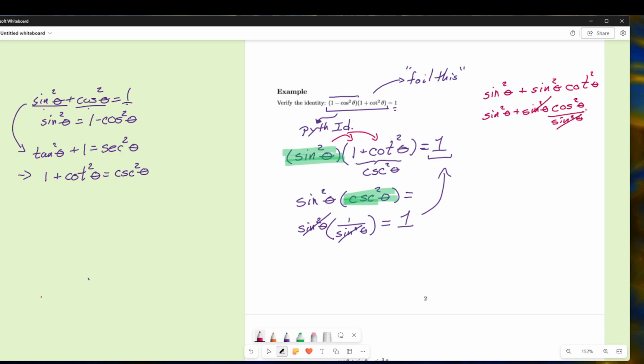Hey, those sine squared thetas will cancel. Then we'll have sine squared theta plus cosine squared theta, which is our base Pythagorean identity, just written in the other order. Nope, it's actually the same order, sorry. So we know that also equals 1. So that would have worked too.